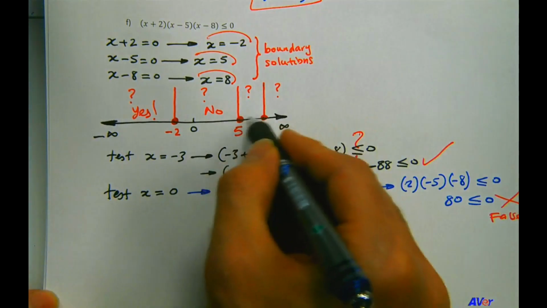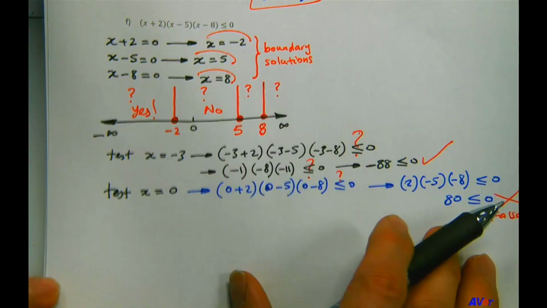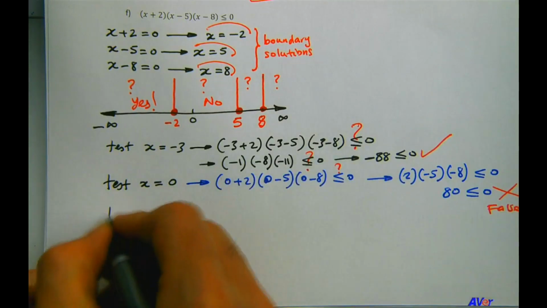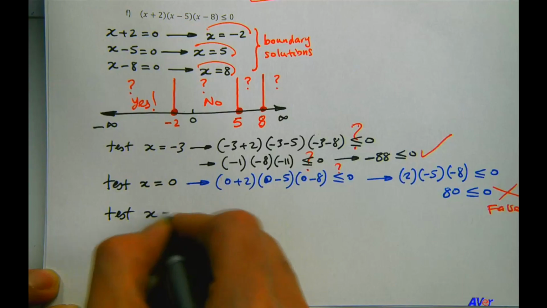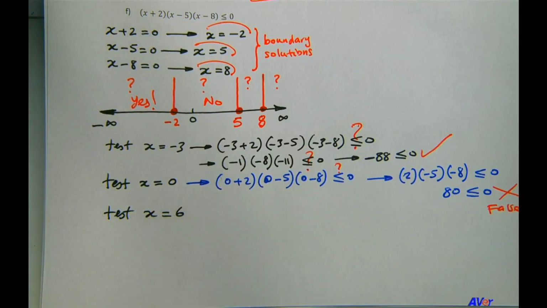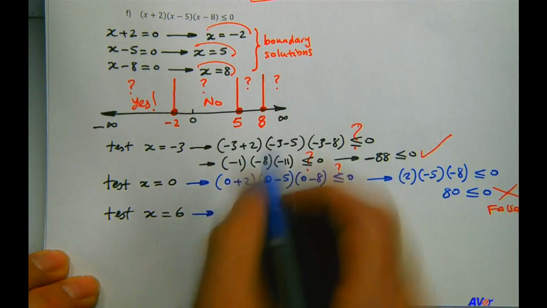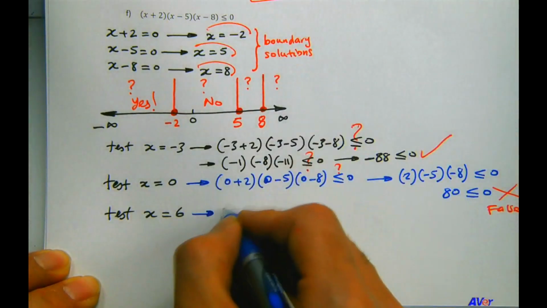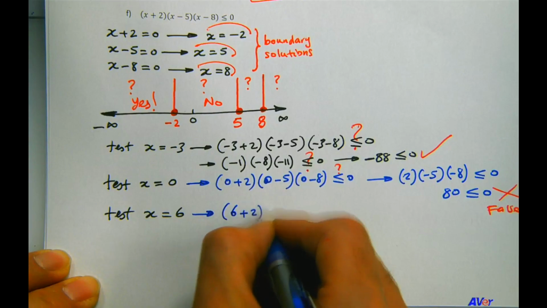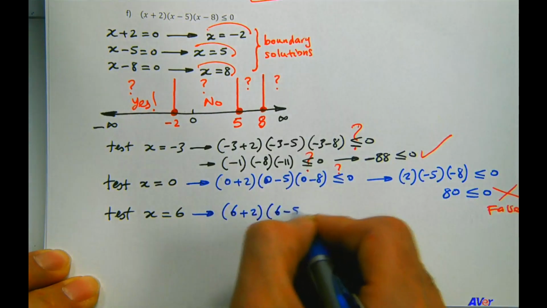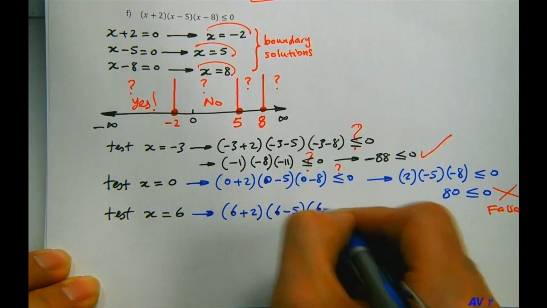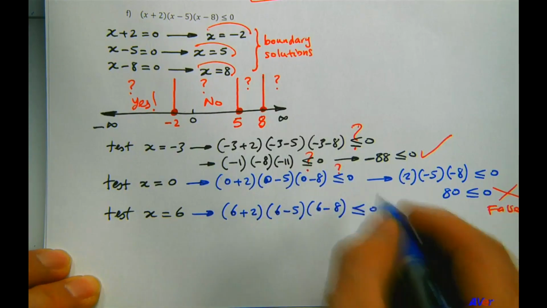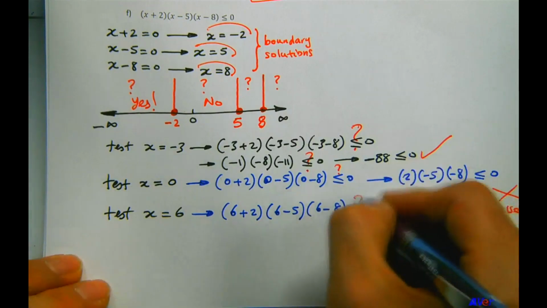How about a number here in between 5 and 8? Let's test x equals 6. Right? So plugging in this inequality with x equals 6, we have 6 plus 2, 6 minus 5, 6 minus 8. We're asking if the left side is less than or equal to 0.